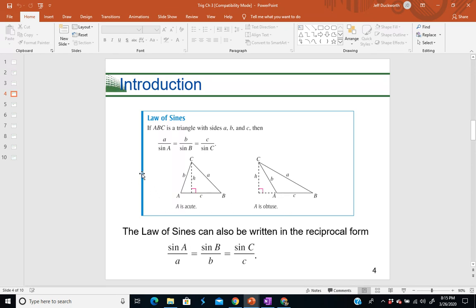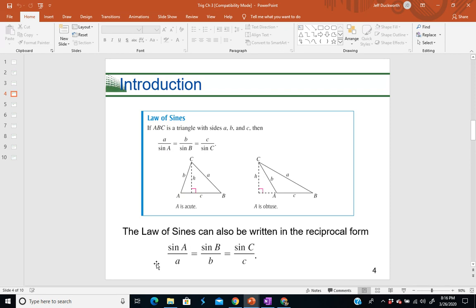All right, so how we solve with the law of sines, essentially what we would have is three pieces of information and we would solve for a fourth. We could have a and then the angle for A, which using sine of A would help us solve, and just b, or just sine of B, or the angle for B, or we would have one of the c or sine of C's or something along those lines.